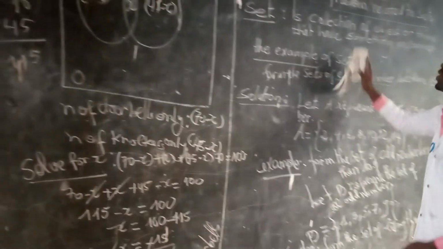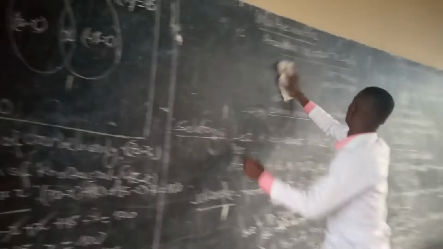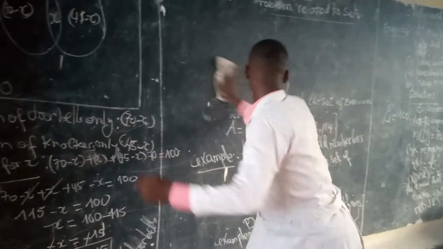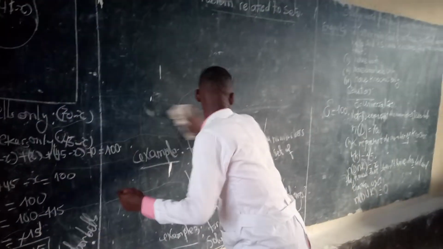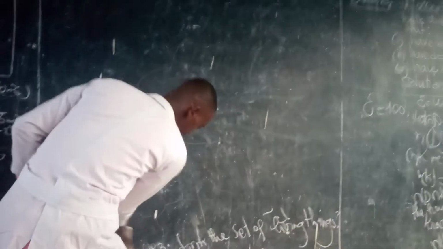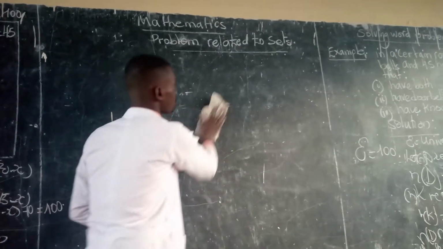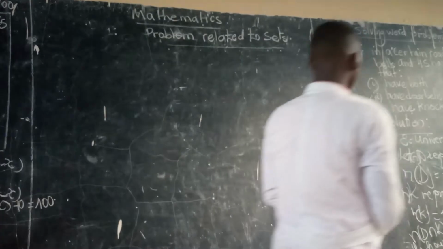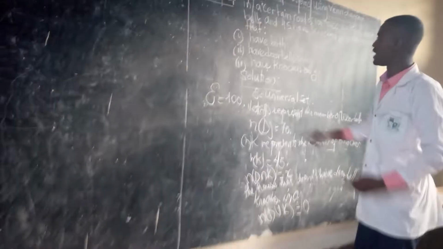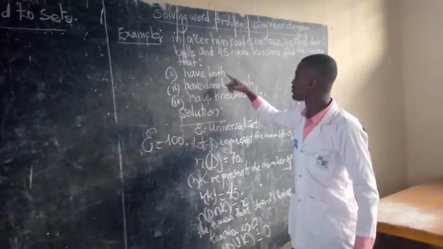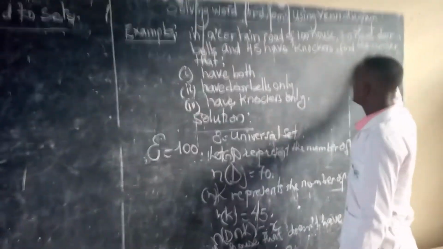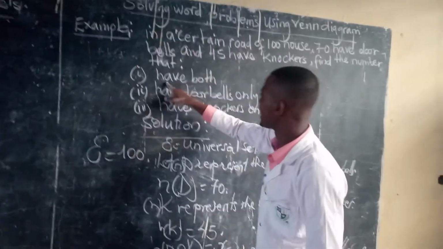Are we together? So let's move to our question. Can you remind us? Remember, we have a homework of forming a set of living things. Let us come back to our question. Find the number of houses that have both.